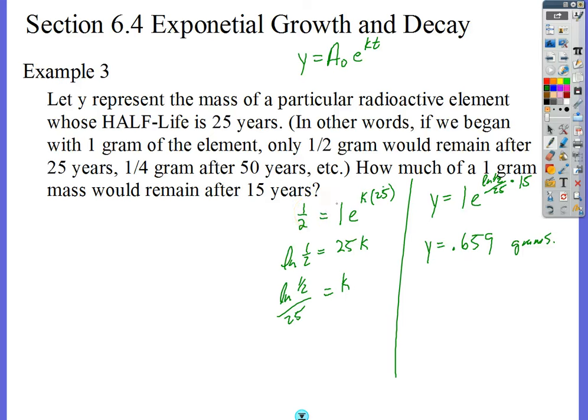And guess what, no matter what my initial amount was, only 65.9% of it will be left over. So if my initial amount was 100 grams, I would have 65.9 grams left over. Does that make sense? Okay.